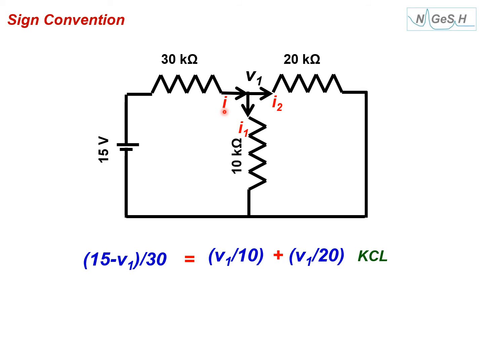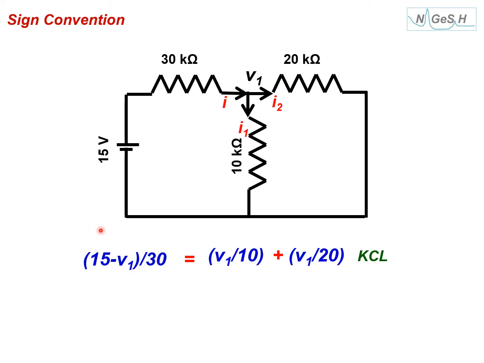So forget about the value or sign of the voltage here. Because I chose the current in this direction, that means, we know the current goes from higher potential to lower potential, so I assume that there is higher potential here compared to this. So I want to subtract V1 from V0, or (15 minus V1) by 30.